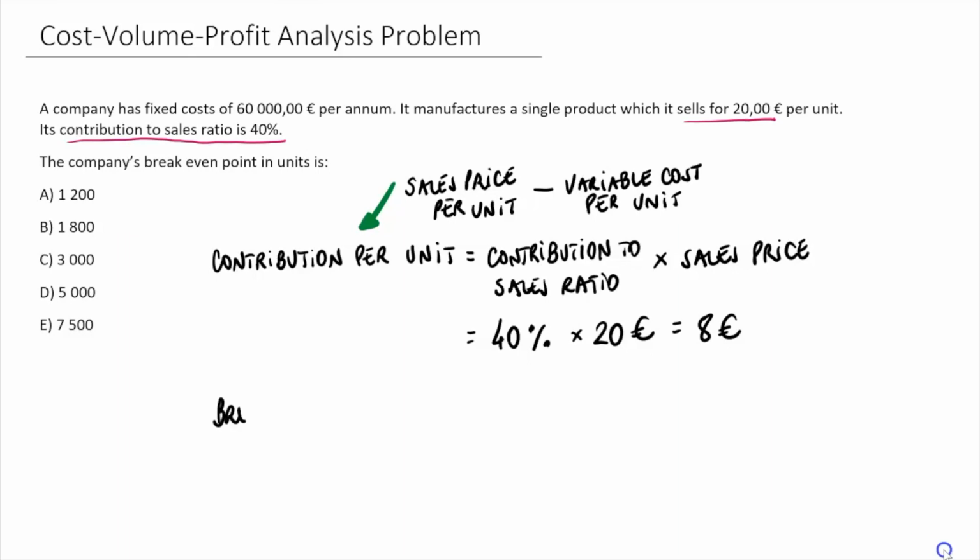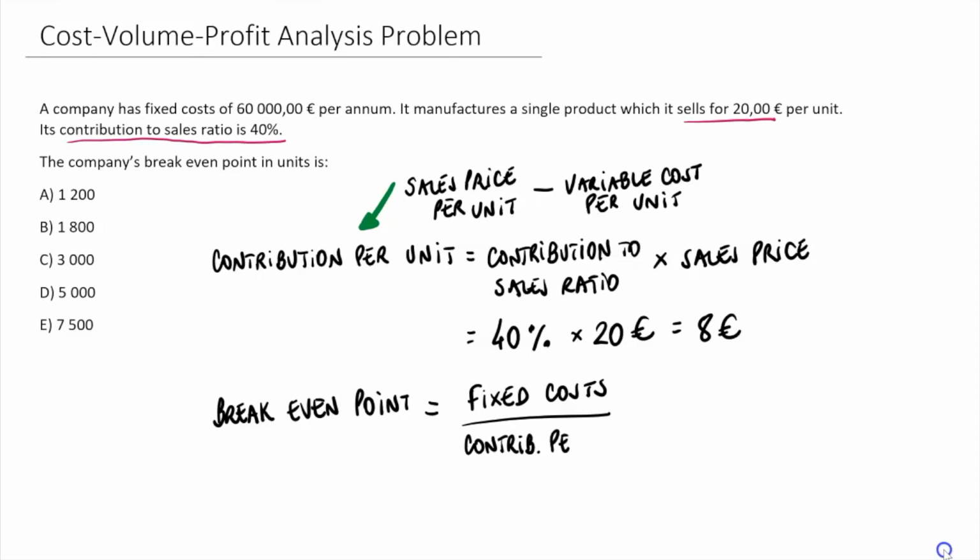So the break-even point is exactly fixed costs over contribution per unit. As we have the information of fixed costs in our problem here, the fixed costs are 60,000 euros.